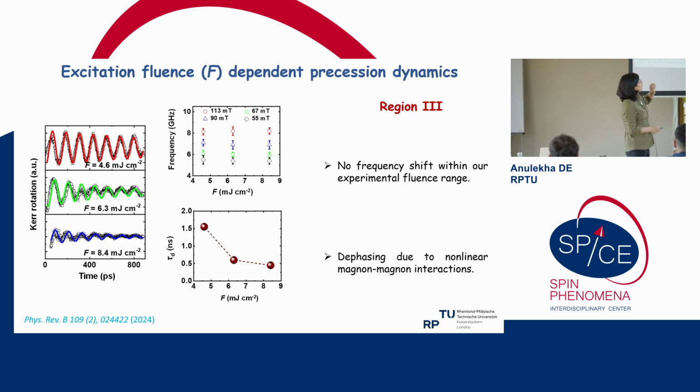Here again we can see that when we increase the fluence, the lifetime decreases, because the percentage of incoherent or thermal magnons increases compared to coherent magnons. So from this precessional dynamics, we conclude that in addition to coherent precession, some incoherent magnons are present.